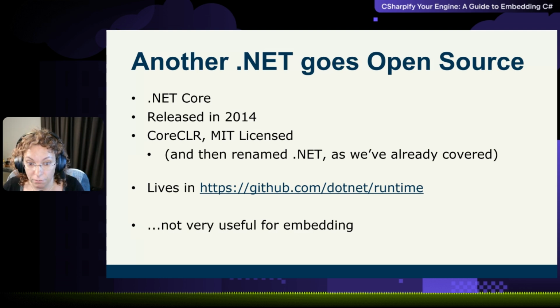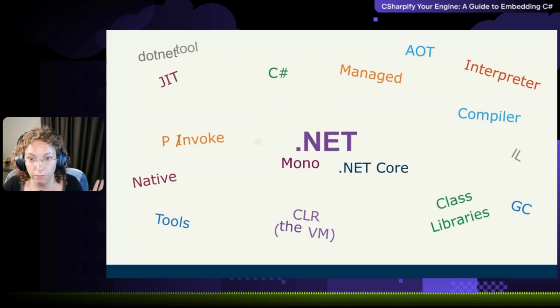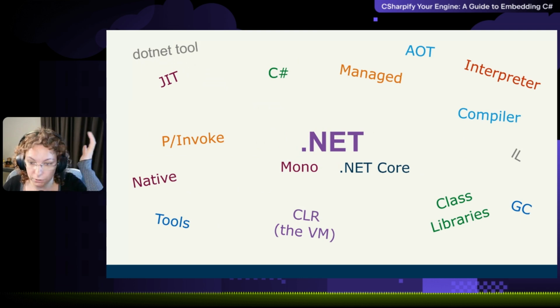The advantage of having the Mono team working with the same team as .NET Core is that their embedding capabilities slowly propagated into the CoreCLR, and actually added embedding capabilities into the CoreCLR. So now everything is .NET: Mono is .NET, .NET Core is .NET, everybody's .NET.